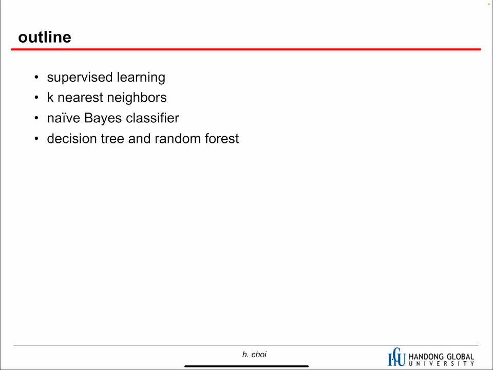The first one is k nearest neighbors, the second is naive Bayes classifier, and the third one is decision tree. When we combine a lot of decision trees, we can make a forest. Random forest is basically the same as decision tree, except that it has a lot of trees.